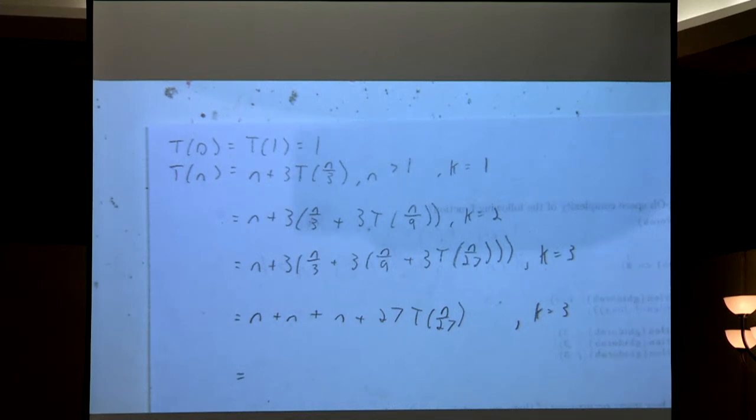In terms of k, what is T of n? That's the next step. We've got to work k into this equation, and then we're going to replace k with something in terms of n.